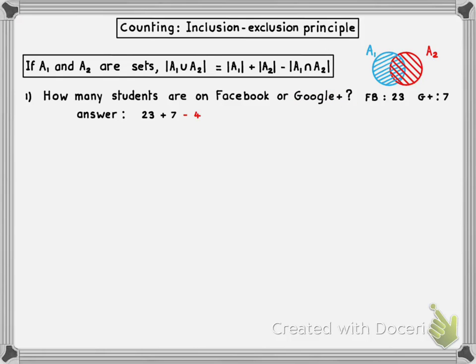So the final answer in this case was 26, which means there were 4 students who had no account on either site. So this is a very simple application of the inclusion-exclusion principle.